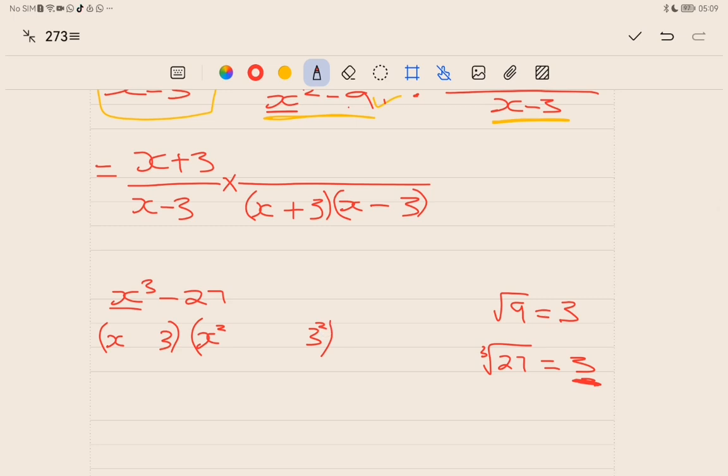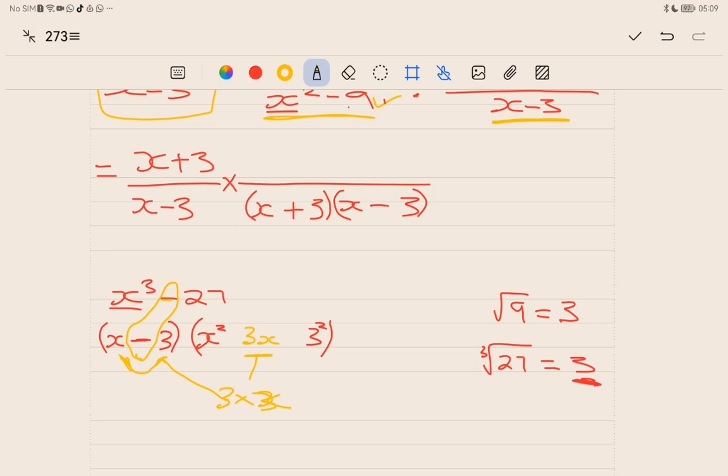Then here you put negative. Where did this negative come from? It comes from here. So this negative, it is the same as this one. So now what is going to be here, it is 3 times x, which is this 3 and this x. So it is going to be 3x. So now we have to deal with the signs.